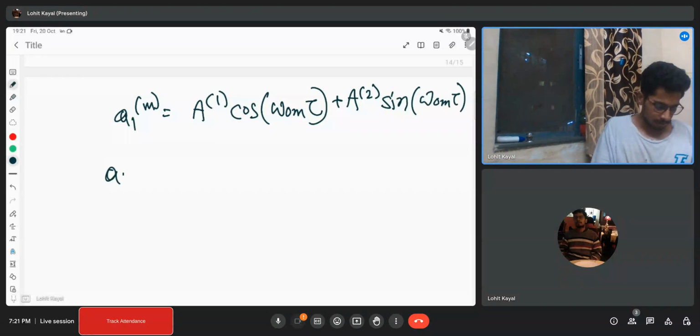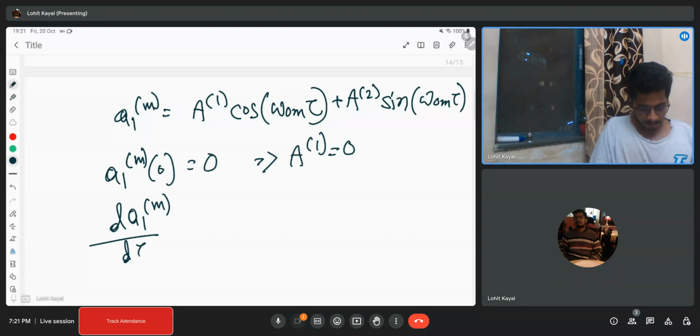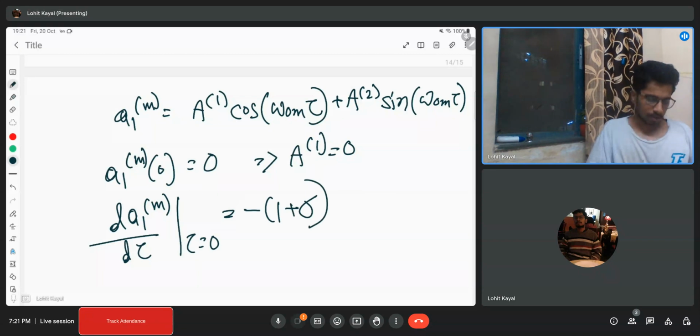Now, a1m 0 is equal to 0 implies a1 equal to 0, and dA1m/dτ at τ equal to 0 is equal to minus 1 plus sigma, which is equal to a2 ω0m.